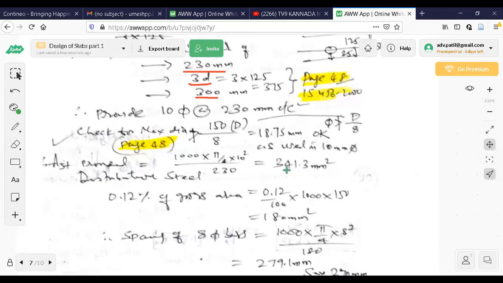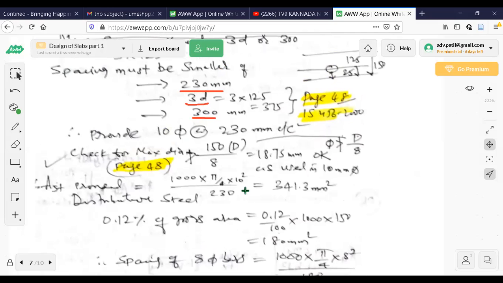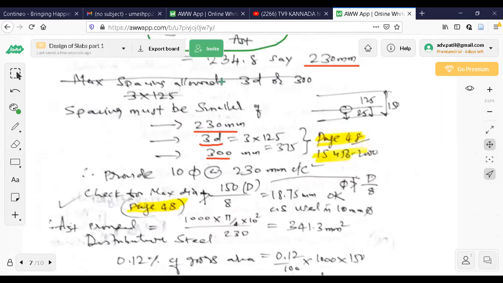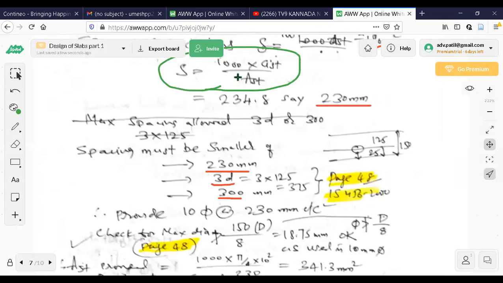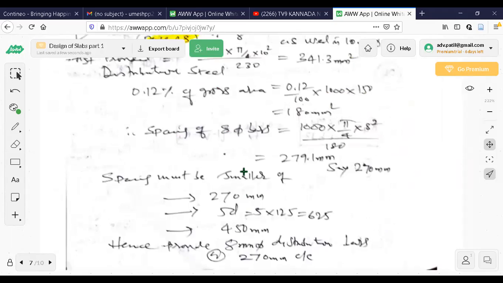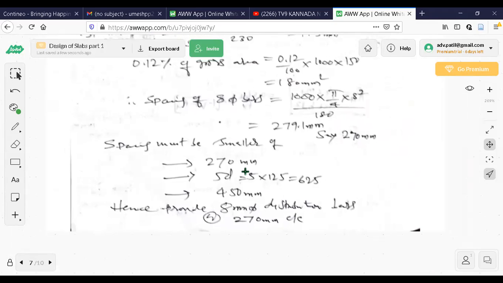So actual AST is equal to 341. How I got this is 1000 into pi by 4 into 10 square divided by the spacing. Reverse of this formula. In that way, I found out the capital AST value. Is this clear?